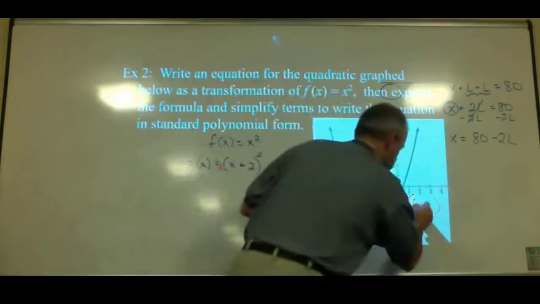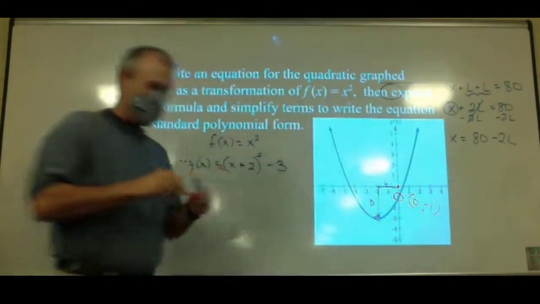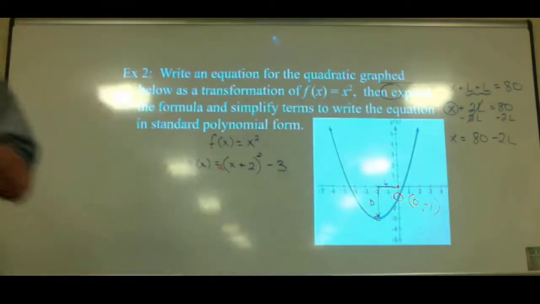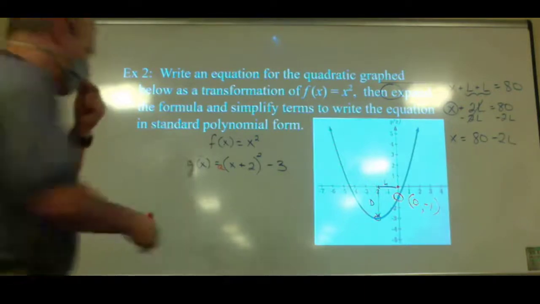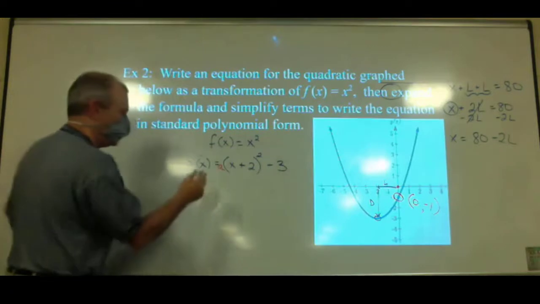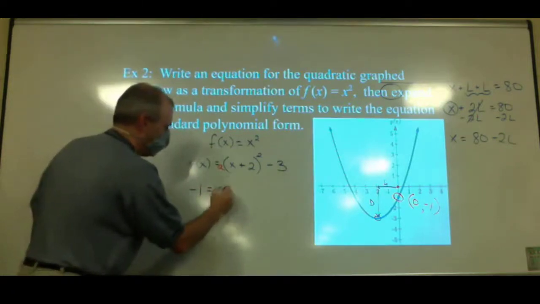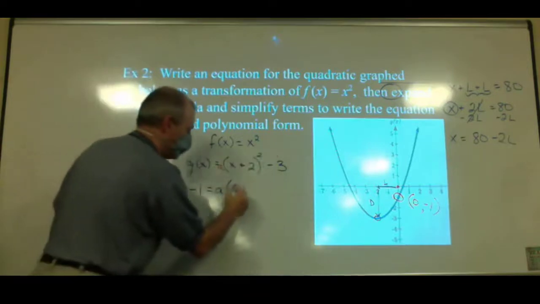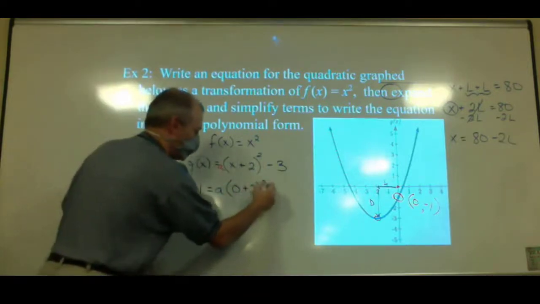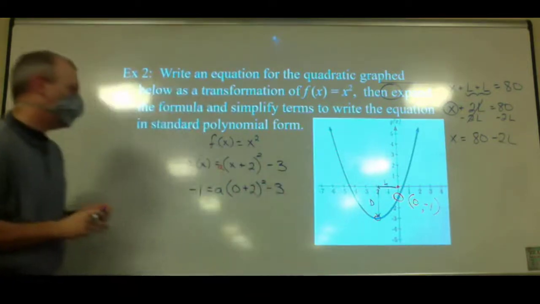Perfect. Okay, so that means x is 0 and y is negative 1, right? So what we can do is we can plug this in. Y, this is like the y, so negative 1 equals a, and we just said x is 0. Okay?